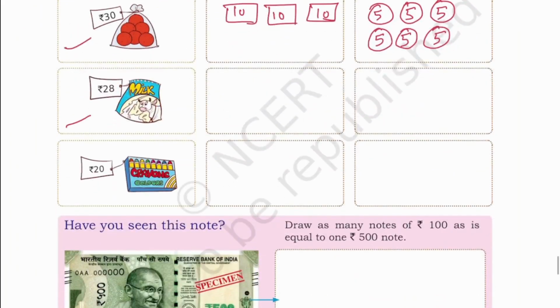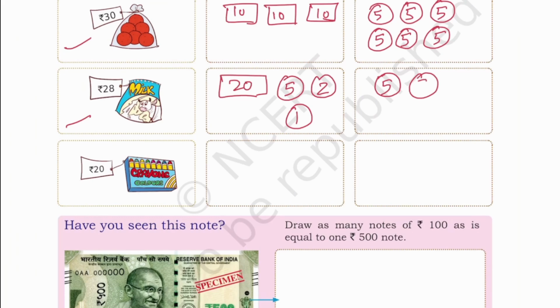For a 28 rupee milk packet, you may use a 20 rupee note, a 5 rupee coin, a 2 rupee coin, and a 1 rupee coin. Or you may use 5 rupee coins, and then a 2 rupee coin and a 1 rupee coin.